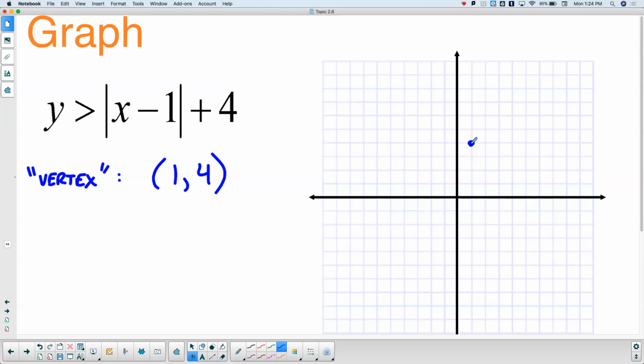Okay. Then, after we find the vertex point, we find the right side slope. What is the right side slope? 1.